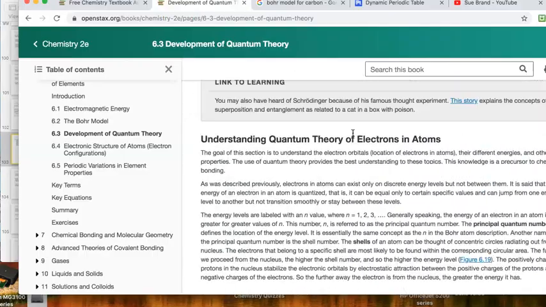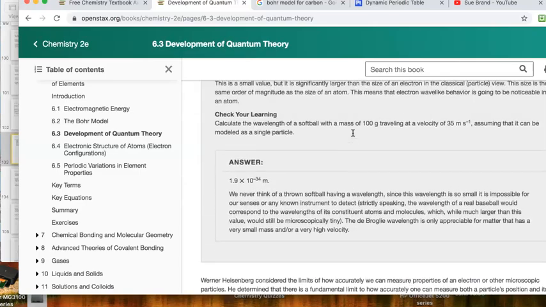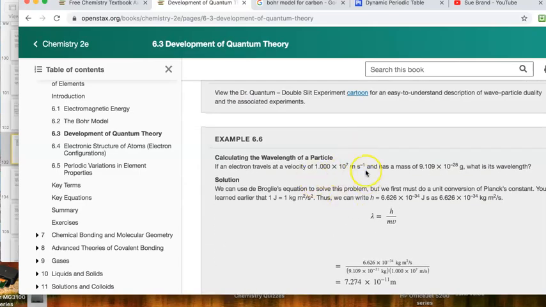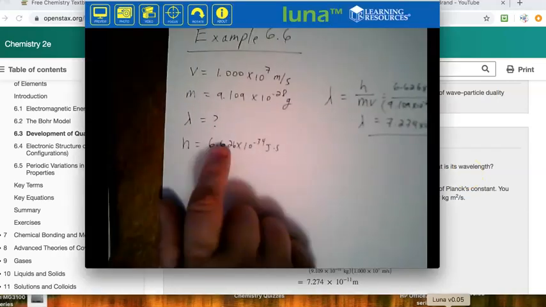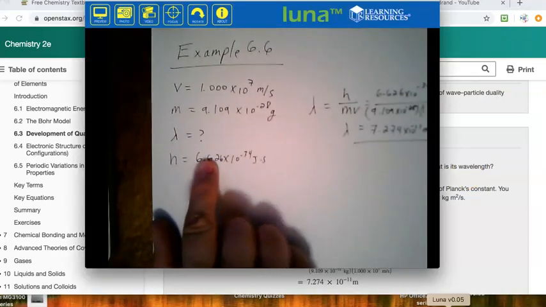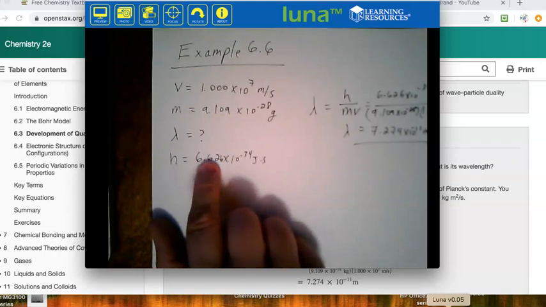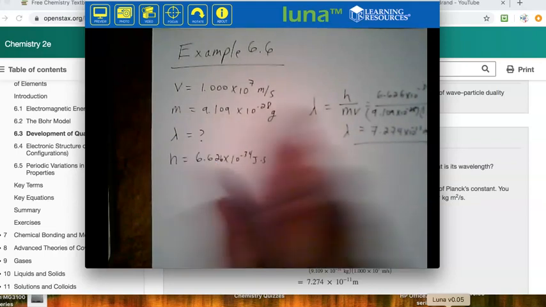Here, when we were talking about particles acting as waves, it says if an electron travels with a certain velocity, 1 times 10 to the 7th meters per second, and has a mass of 9.109 times 10 to the negative 28 grams, what is its wavelength? So we can calculate the wavelength of an electron by first knowing our formula.